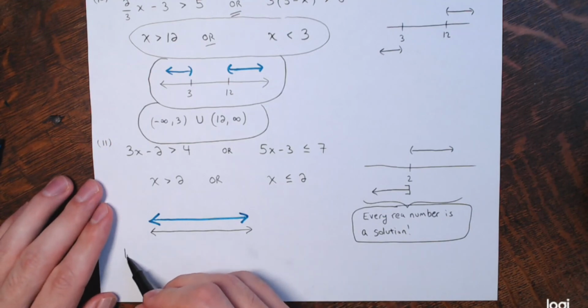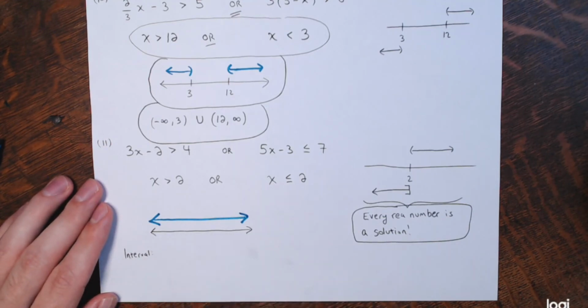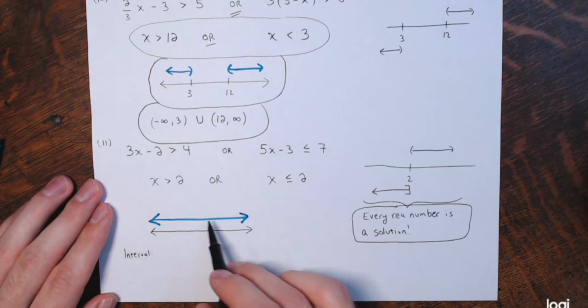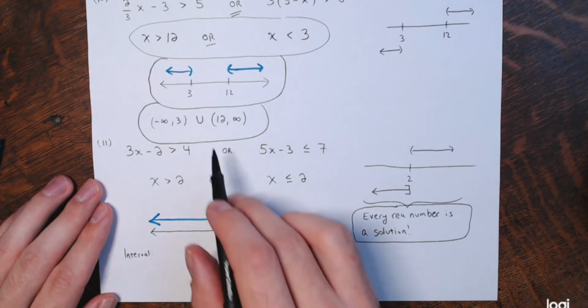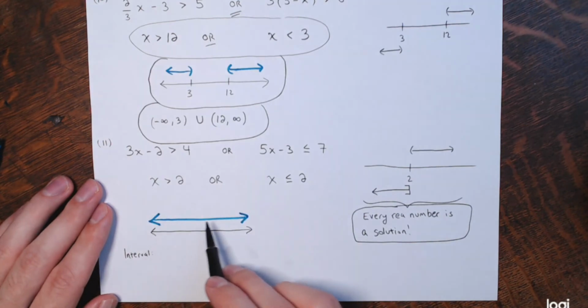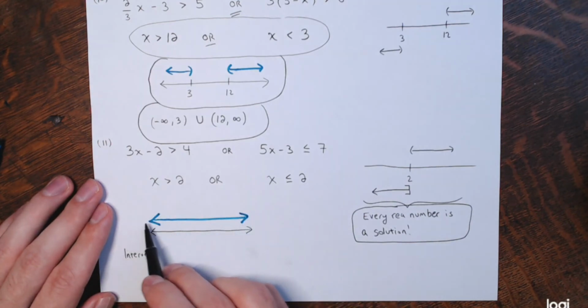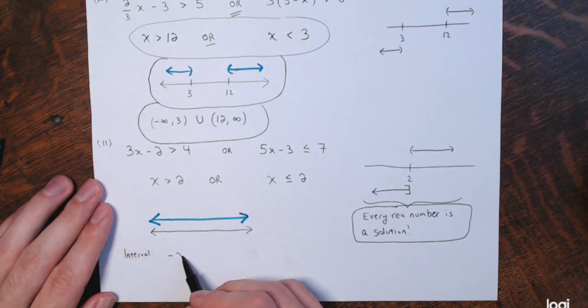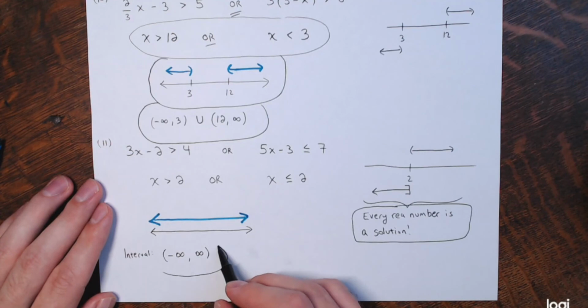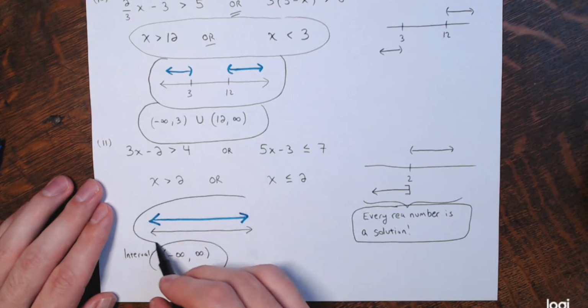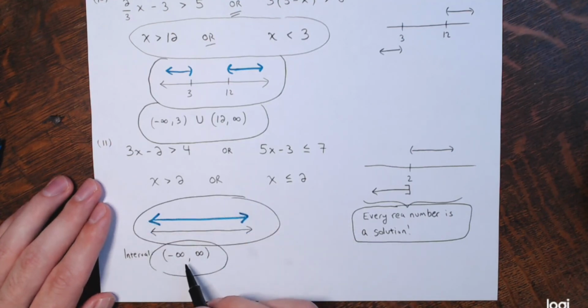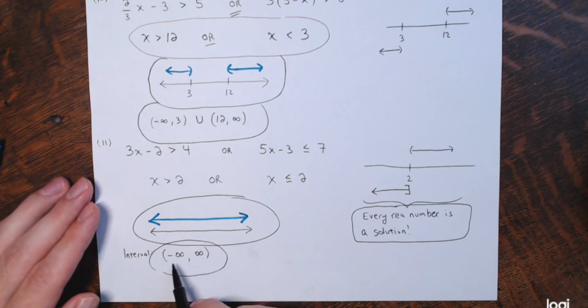So then for the interval notation, and you've probably seen this in other videos, for the entire real number line, there's no gaps in it, so it's a single interval. Left to right, I'm going from negative infinity to positive infinity, and parentheses always on the infinities. So here's the graph, and the interval notation is negative infinity to positive infinity with parentheses around it.